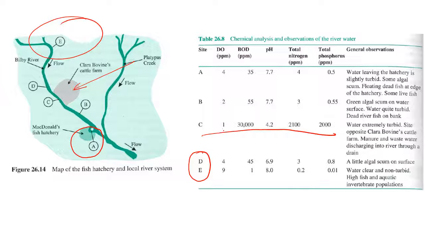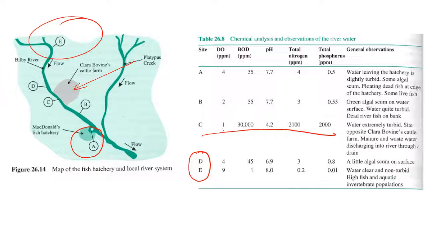As it moves through the system towards site C, when it hits site C, all of a sudden the oxygen is getting removed from the water. The biochemical oxygen demand is increasing, proving that some sort of biological contaminants are going into this system, utilizing all that oxygen and causing the dissolved oxygen to decrease.